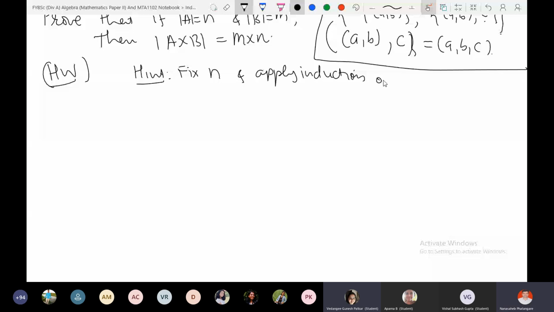Fix n or m, no problem. Choose a particular n, and then only m varies. So apply induction on m, and then you can say that it is true for all m and n. This is called double induction, right? So fix n and apply induction on m.